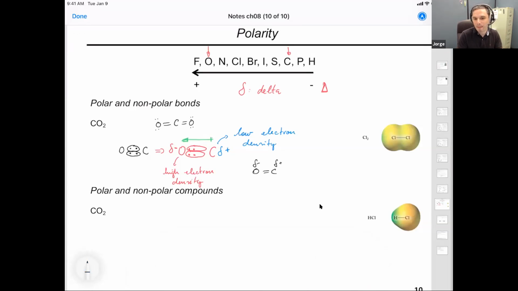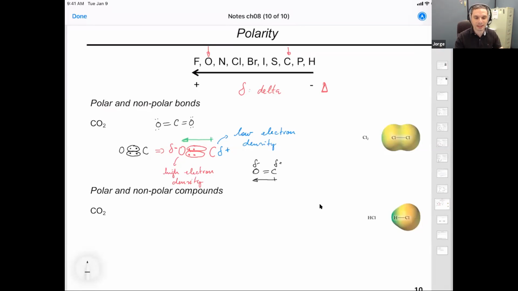It doesn't matter the magnitude of the delta, it is just a qualitative representation here for us. Delta plus indicates low electron density and delta minus high electron density. And this will always happen in covalent compounds because we have electrons being shared. We can also represent that drawing a vector that starts at delta plus and points to delta minus.